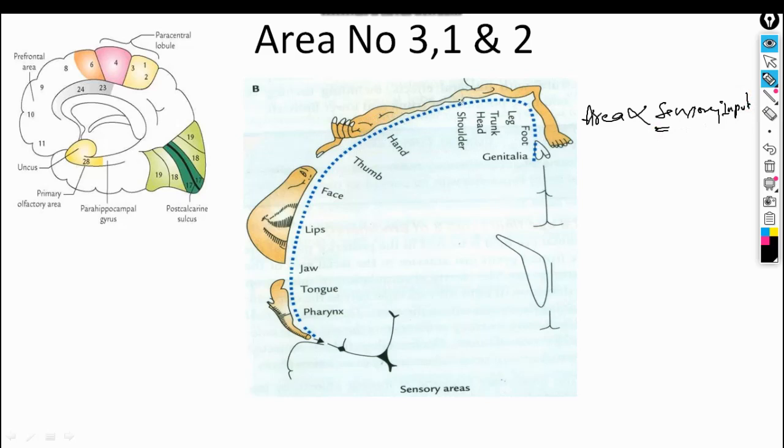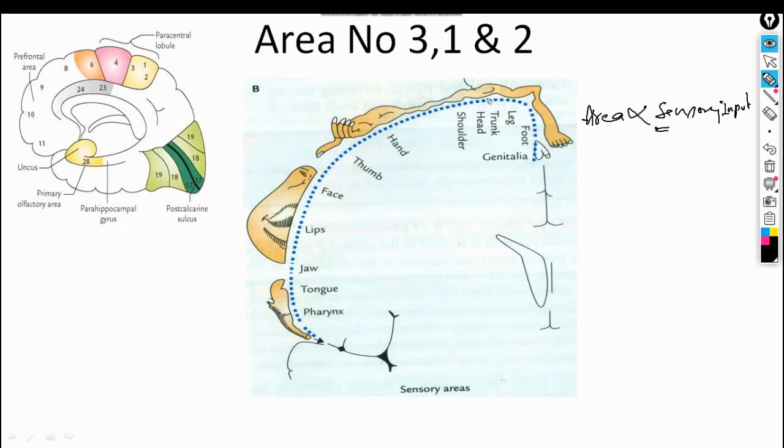Clear? Here is the leg, and here is the trunk.